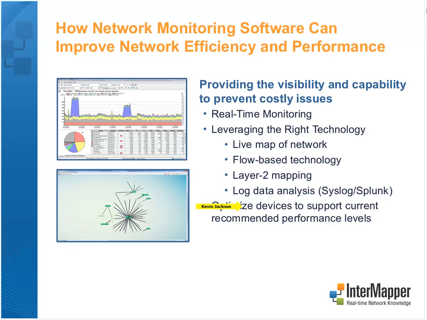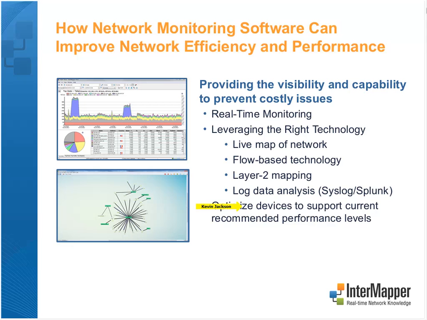You want to be able to configure your devices, optimize your devices, and make sure they're running the way you want and need them to. If you're paying for a 100 megabit internet line, you want to make sure you have infrastructure in place that can support 100 megabit. And if you're overutilizing 100 megabit, you want to know why.